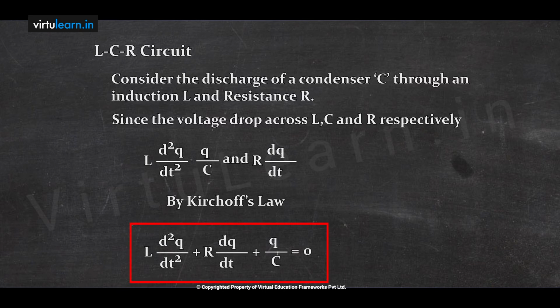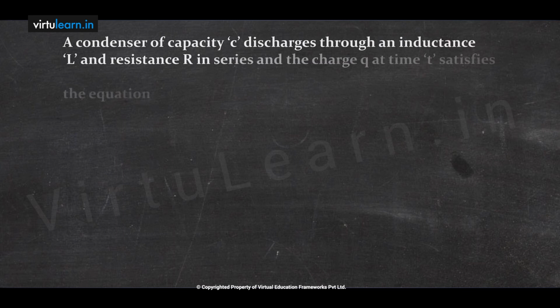Observe this: this is a second and higher order differential equation. You can solve it by the general method, complementary function plus particular integral. Now, the first problem on this method: a condenser of capacity C is discharged through an inductance L and resistance R in series.